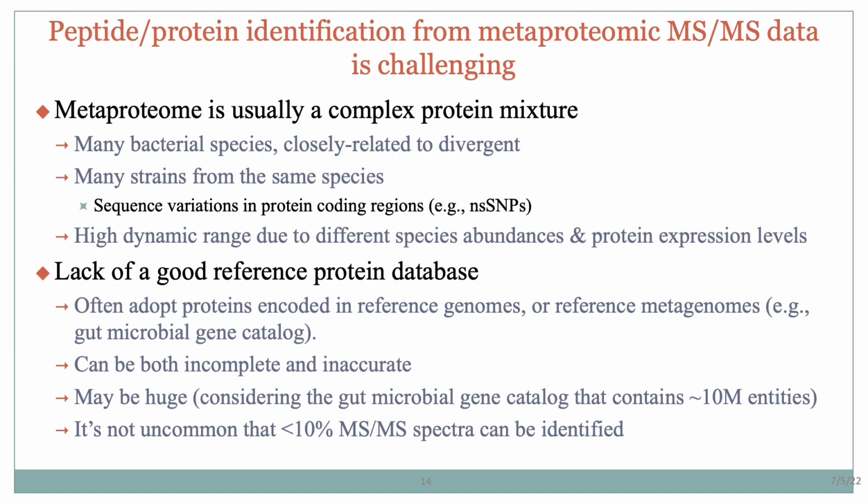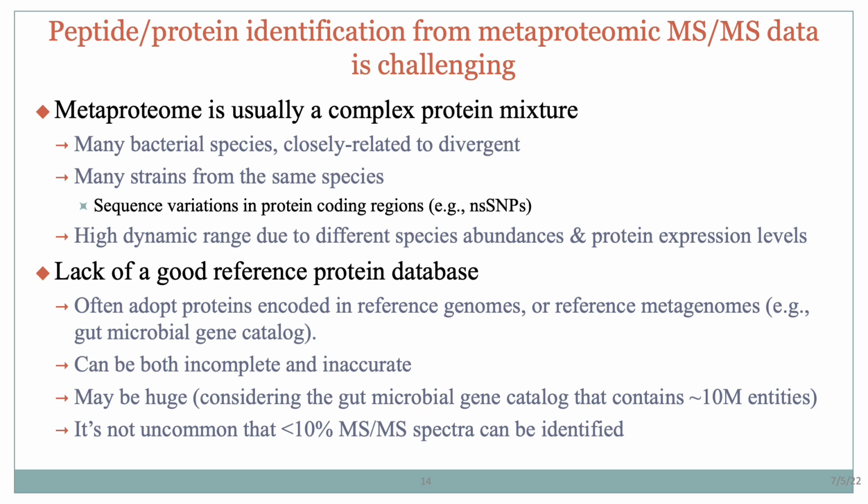But we know that peptide and protein identification from this metaproteomic tandem mass data is challenging, because those data are produced from a complex protein mixture. There can be a lot of proteins expressed by similar or quite divergent species, and also different isolates or different strains from the same species.